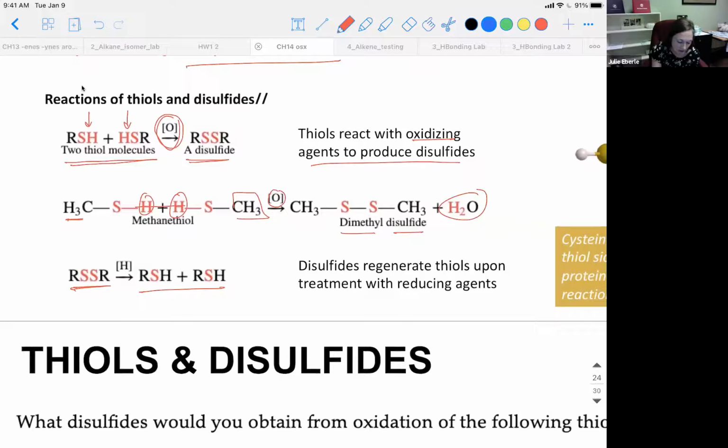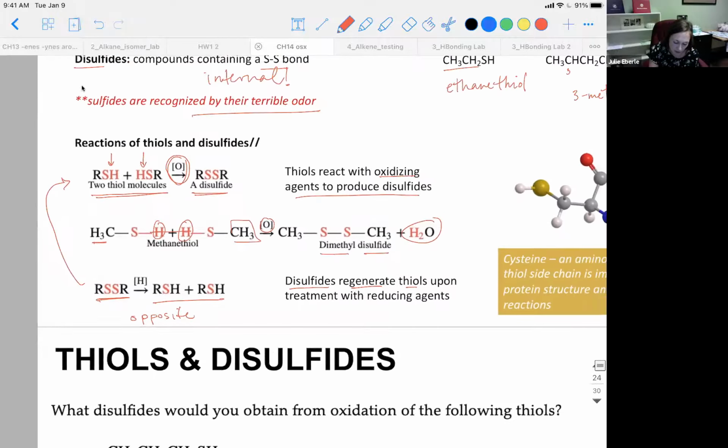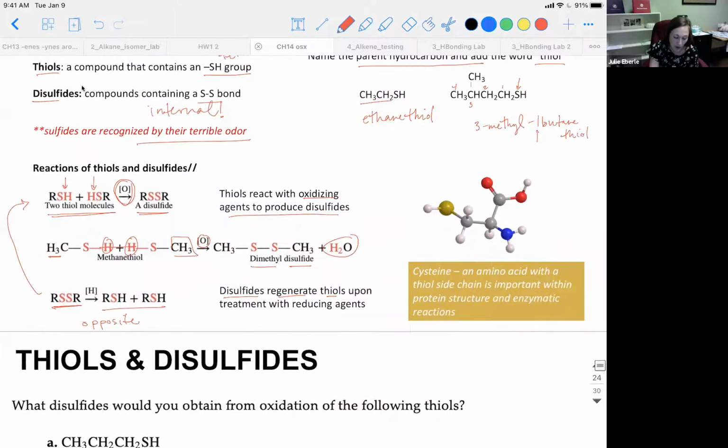This is the opposite of this right up here. It's just the reverse reaction. Disulfides regenerate your thiols upon treatment with reducing agents. So oxidizing a thiol yields a disulfide, and reducing a disulfide regenerates the thiols.